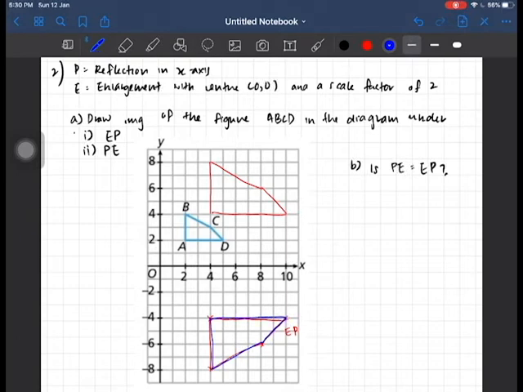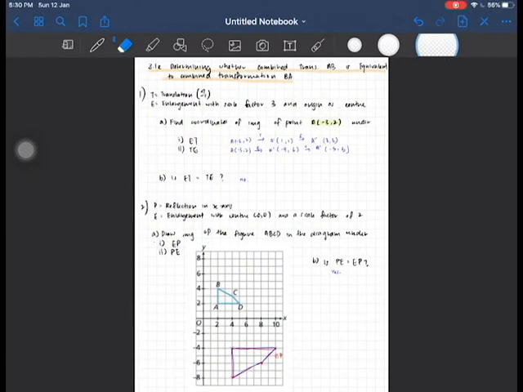So the answer would be: is PE equivalent to EP? Yes, it is. So yeah, there are 2 different cases. You can actually say that a transformation is equivalent to its reverse form.